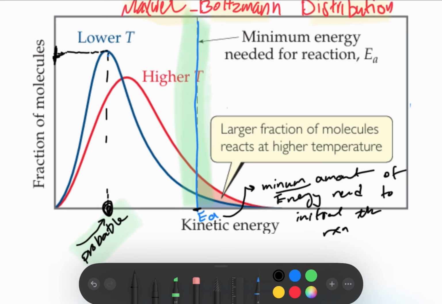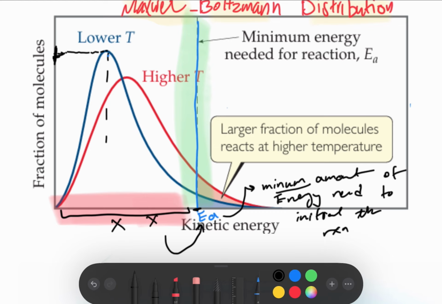The fun fact about this activation energy is that all of these particles in here are unable to do the reaction, and that's because their energy is less than the activation energy.